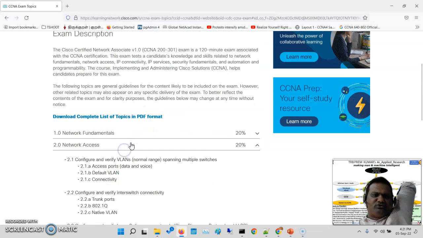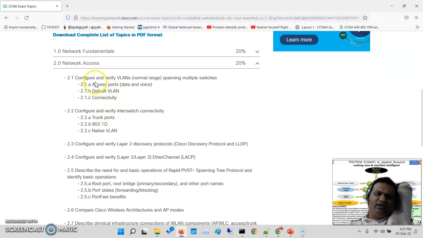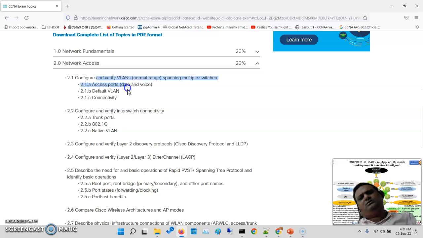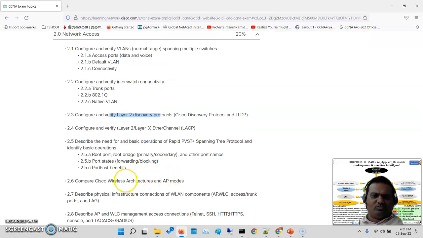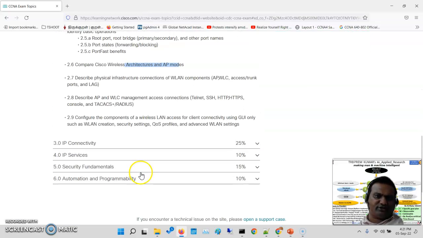The second domain, if you see, we'll be talking about network access. Here we're mainly talking about switching technologies like what VLANs are, the configurations and interswitch connectivity, configuring and verifying layer 2 discovery protocols, and configuring and verifying EtherChannel, describing the need for and basic operations of rapid PVST+, wireless topics, wireless architectures and access points for connectivity, the AAA and RADIUS.